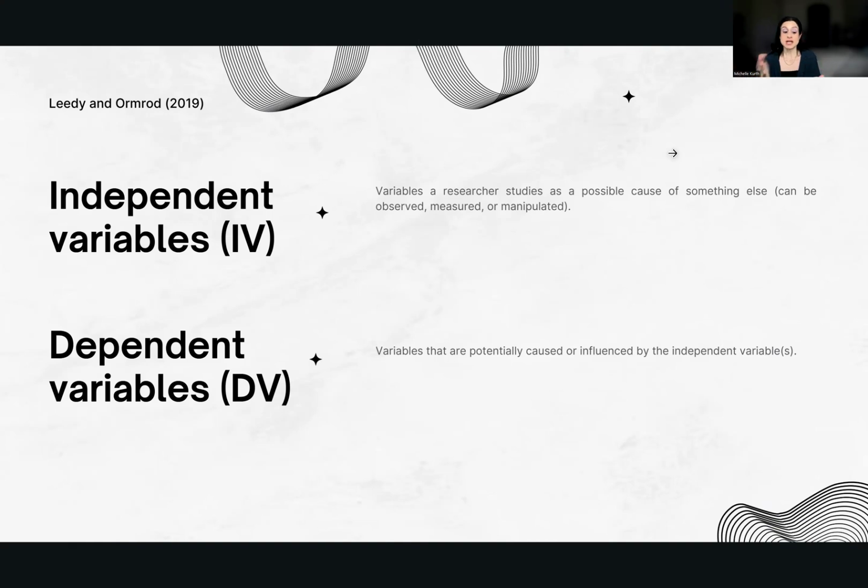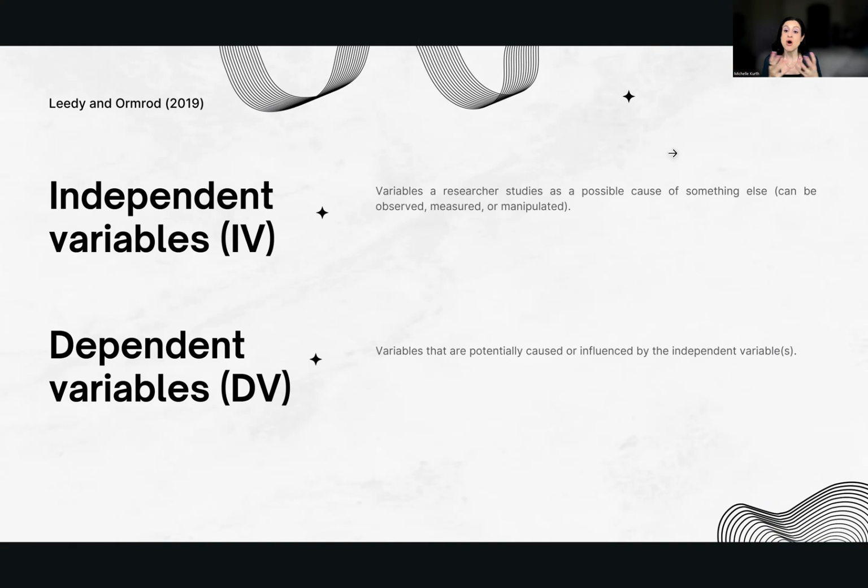They could also be measured. Measured meaning here's the self-report, here's the questionnaire or the instrument. On a scale of 1 to 5, with 1 being strongly disagree and 5 being strongly agree, how do you rate XYZ? That's measured. Manipulated are things that the researcher controls.